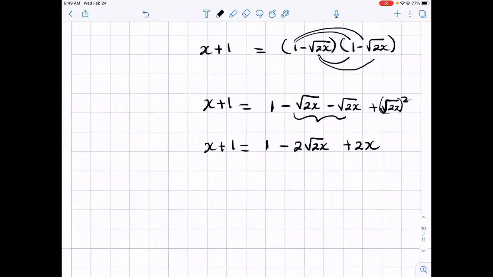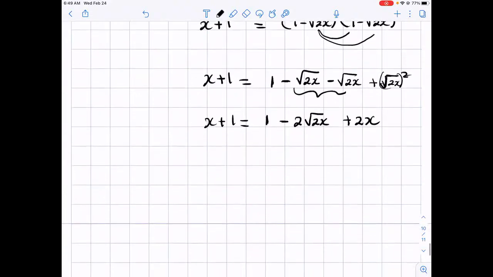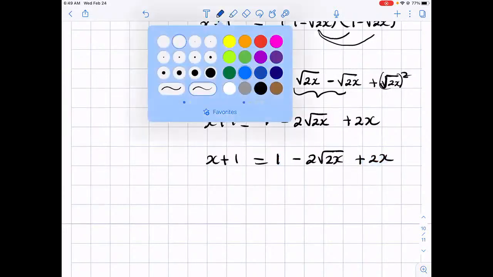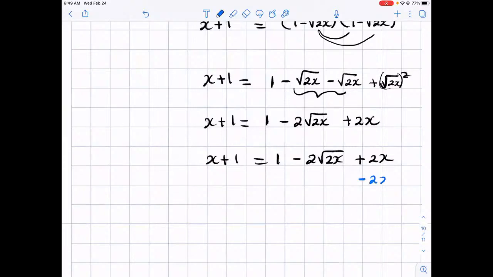And then we have to isolate that root once again. So we start moving things. The first thing I'm going to move, we can either move the 1 or we can move the plus 2x first, right? So your choice, you either move this first or that. It doesn't matter. So in this example, let's minus the 2x first.